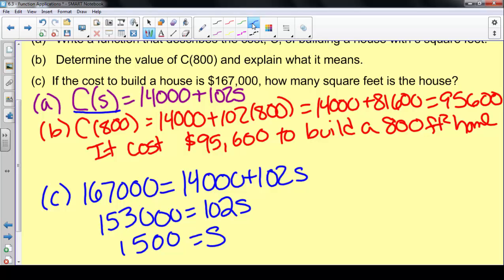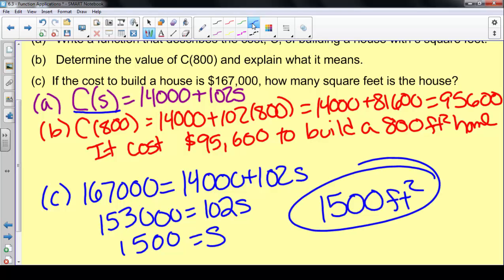So this is telling us that our square feet is 1,500 square feet. And that's going to cost us $167 to build.